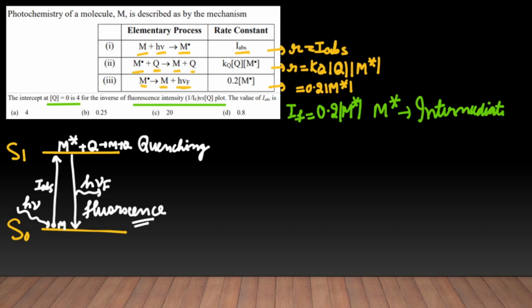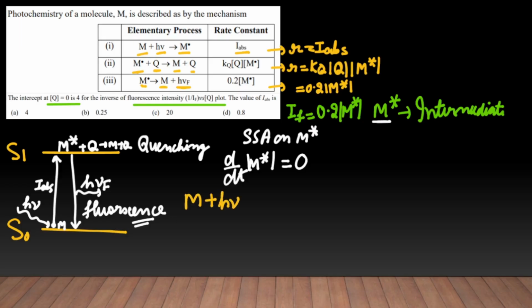You have to eliminate this. So for this, we need to find the concentration of this M star by using the SSA, the steady state approximation, on the M star. For this, d by dt of this M star has to be kept equal to 0, right? So now this value we have to find. The various reactions taking place: M plus h nu gives us M star.